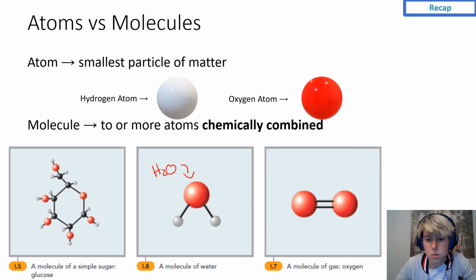I have this molecule, which is oxygen gas, O2, which is made up of two oxygen atoms. And then I have glucose, which is C6H12O6, which is made up of 6 carbons. So the black circles are carbons, made up of 12 hydrogens and 6 oxygens.